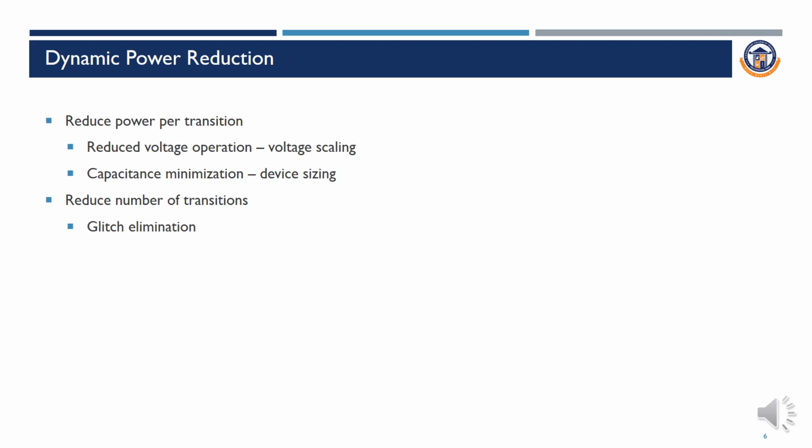To reduce the number of transitions, we have to do glitch elimination. Glitch elimination means we have to reduce the hazards in the circuits. We know that we have different hazards, static hazard and dynamic hazard, so we have to reduce the hazards in the circuit so that we can reduce the glitches, and also reduce the power dissipation in the circuit.